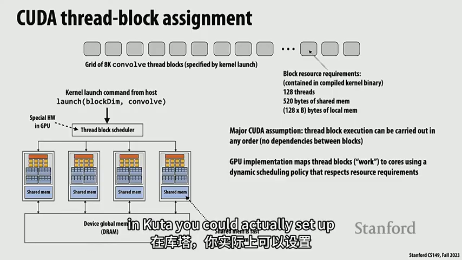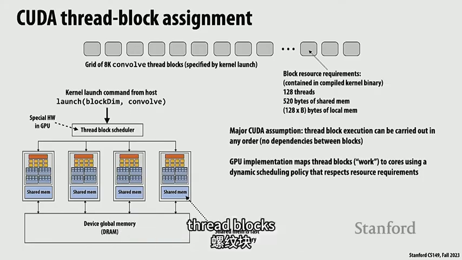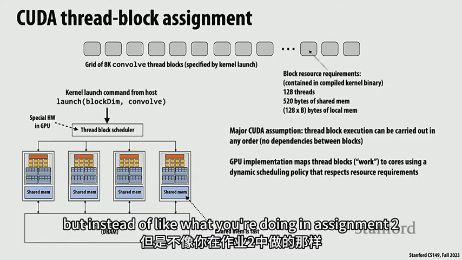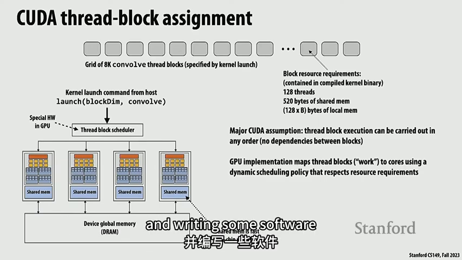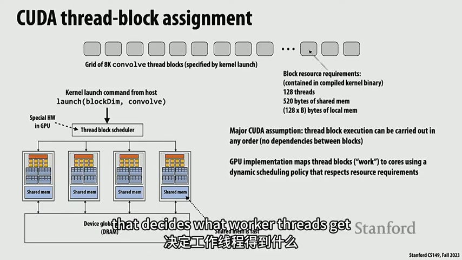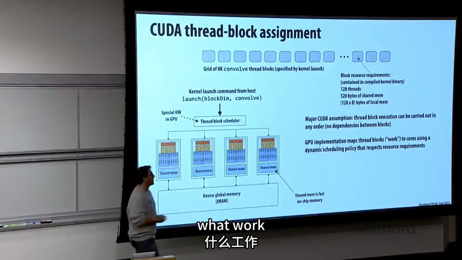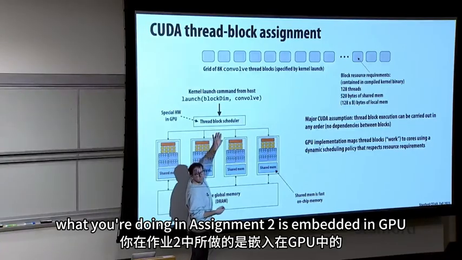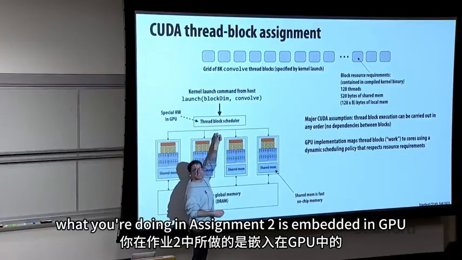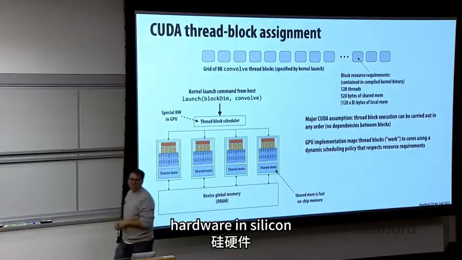And by the way, in CUDA, you could actually set up dependencies between some of these thread blocks. But instead of what you're doing in assignment 2, writing some software that decides what worker threads get what work, that is embedded in GPU hardware in silicon.